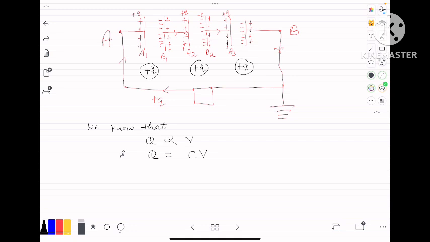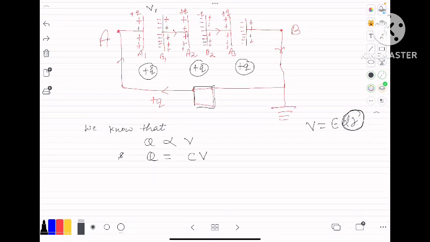Also, each capacitor is at a different distance from the battery. Hence, the potential will be different because V is equal to integral E dR, which depends on the distance. So the voltage or potential at capacitor C1 is V1, at capacitor C2 is V2, and at capacitor C3 is V3.